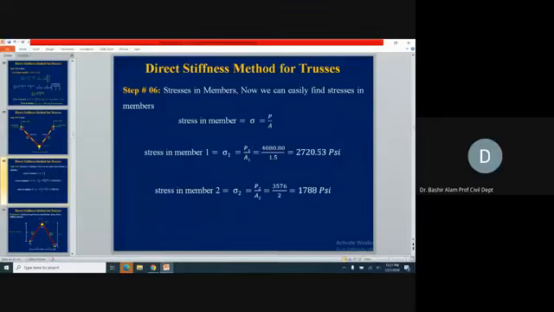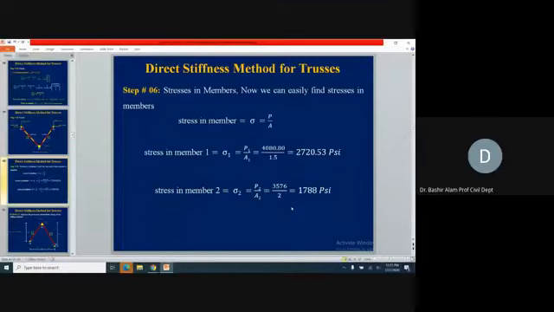This is how we get now the stress in member 1. Stress in member 2 now, if you see here, P2 we already found, area was 2 inches square. Now, if we discuss a little bit of design here, the material allowable stress was 2000 psi, right?